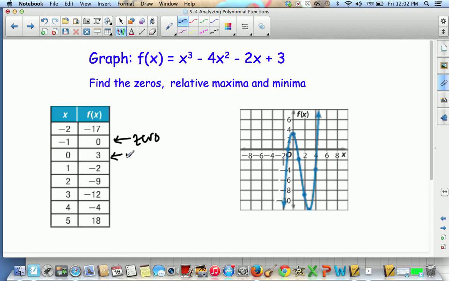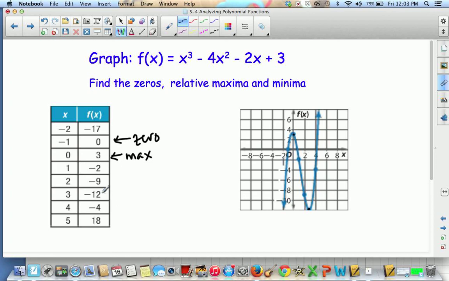This would be a relative max, because if you notice, the y-coordinates around it are less than that. So this would be the greatest y-coordinate, so that could be a relative max. And can we also find another max or min? We have a max up here. We should have one minimum.